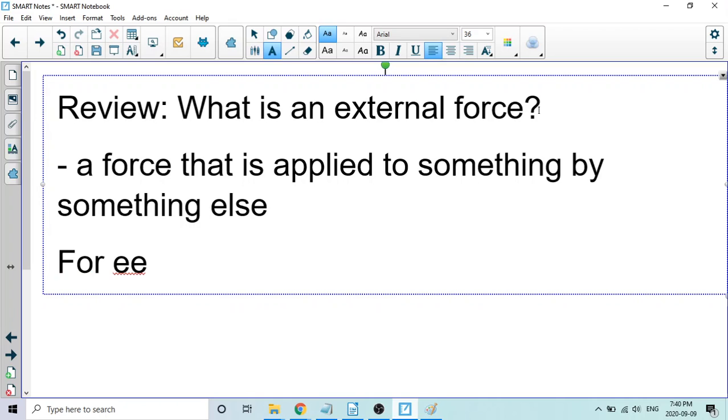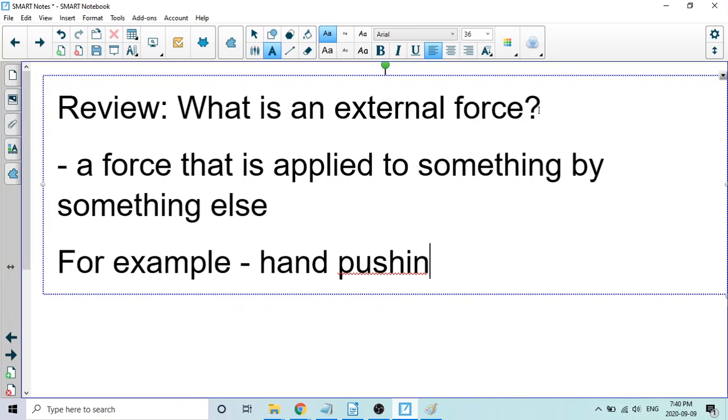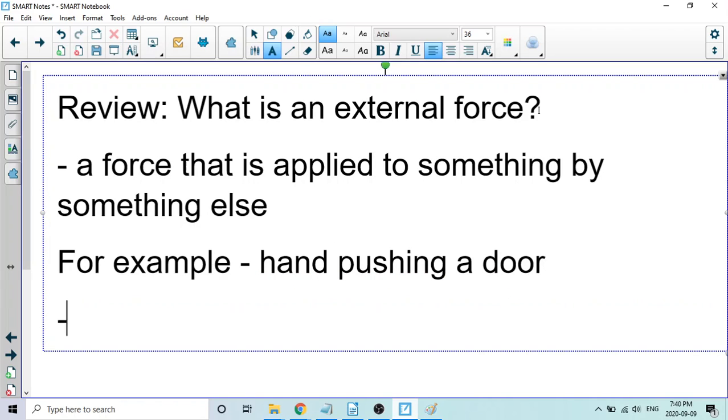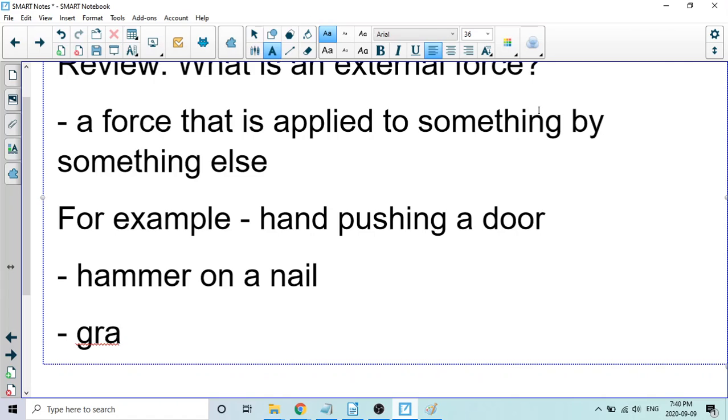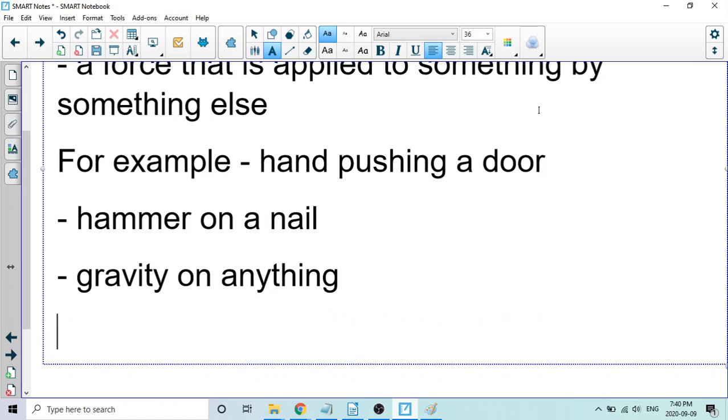For example, last time the example I used was a hand pushing a door. We talk about a hammer on a nail, gravity on anything, feet on stairs. So many different things it could be.